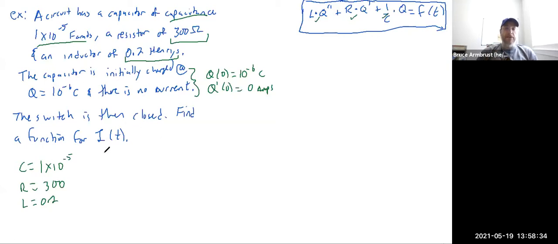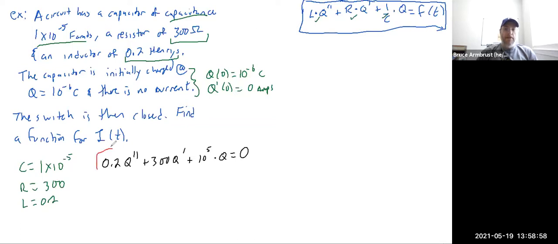So as a differential equation, this looks like 0.2 q double prime plus 300 q prime plus, well, 1 over that is 10 to the 5th times q equals 0.